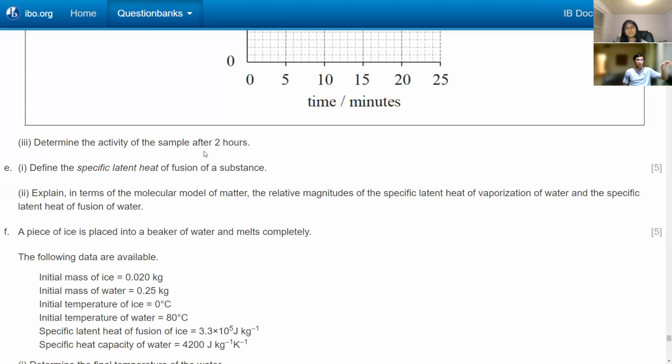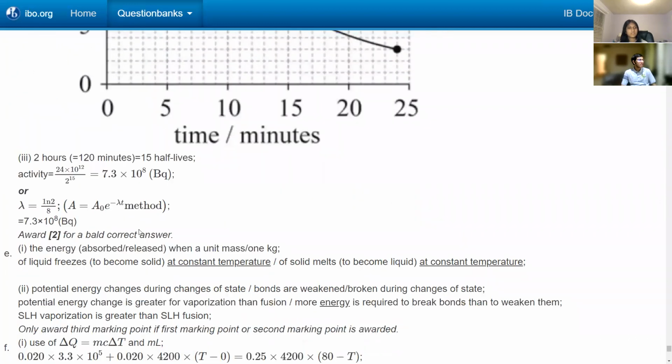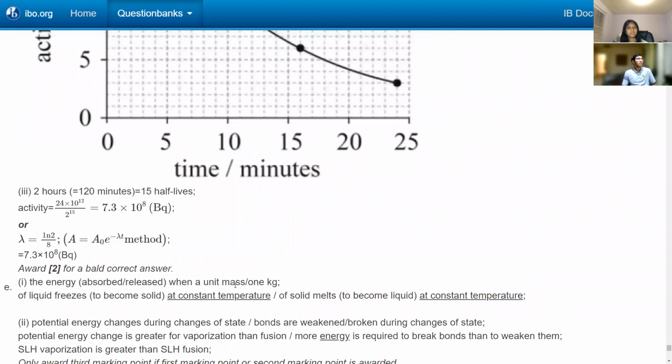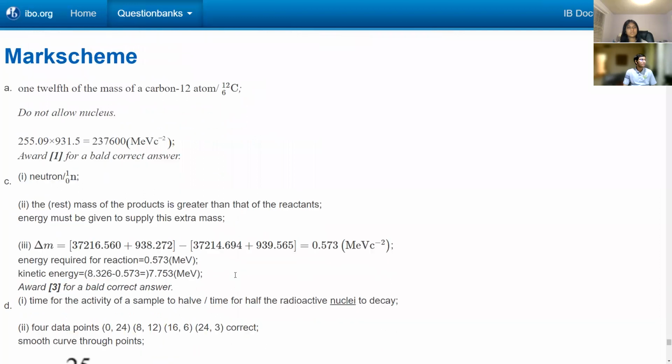It could be either, I think. It's the energy absorbed or released when a unit mass of liquid freezes to become a solid or of solid melts. You could have mentioned either. You just need to say at constant temperature. I would also mention at constant pressure.